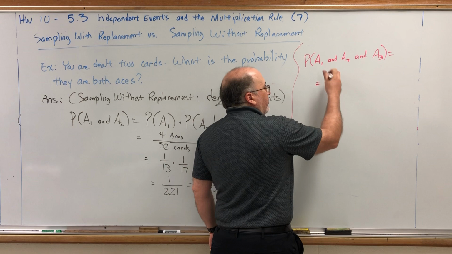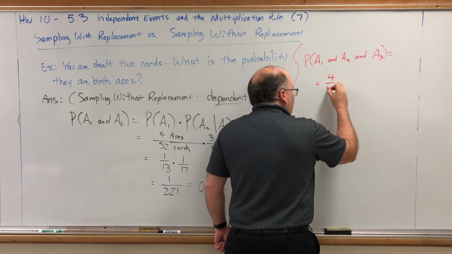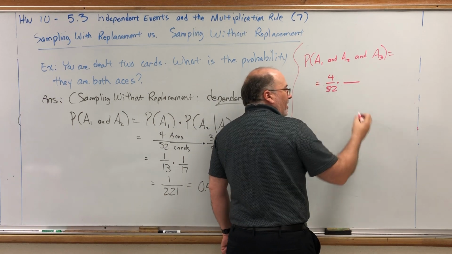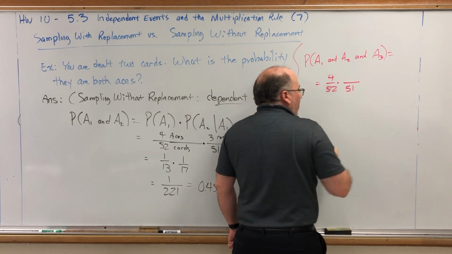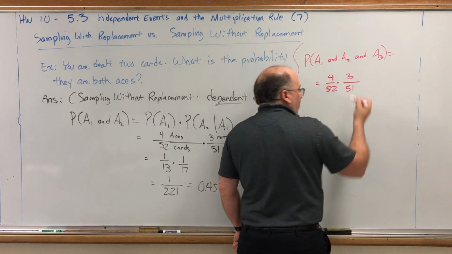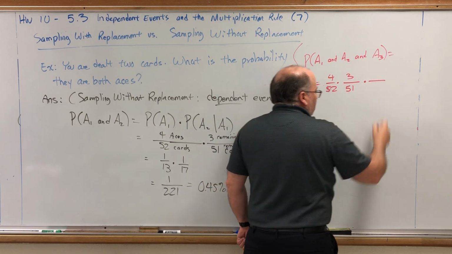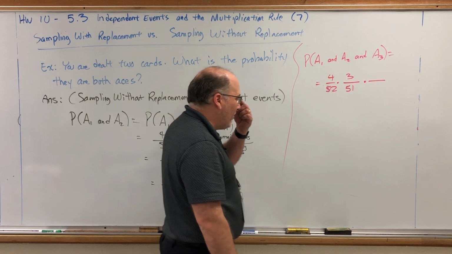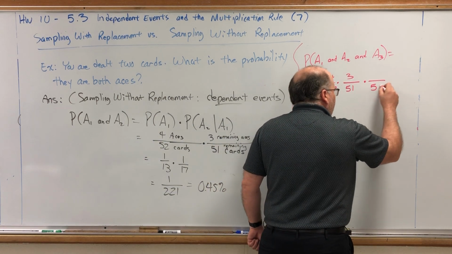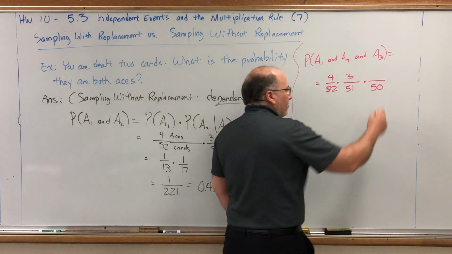Well, we already know that there are 4 out of 52 cards that are an ace, so let's pretend that I give you one of them. If I give you one of the aces, how many cards are left? 51. And of those, how many are aces? 3. And now I give you a third card. If I've already given you 2 cards, how many are left for the third card? 50. And if I've already given you the first 2 aces, how many aces are left? 2.